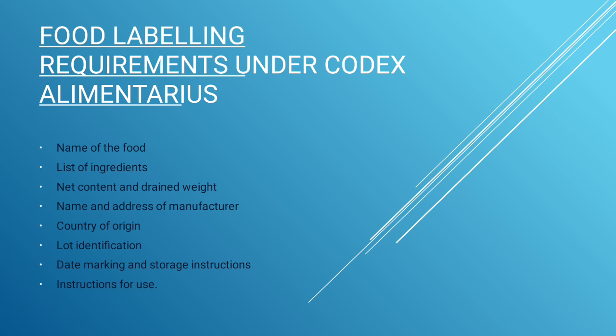Now the food labeling requirements under Codex Alimentarius. We require the name of the food, the list of ingredients, net content and drained weight of the food, name and address of the manufacturer, the country or region of origin, lot identification, date marking and storage instructions, and instructions on how to use the food.